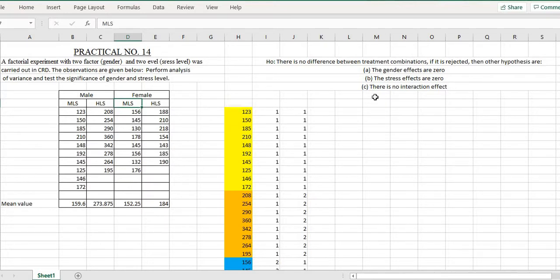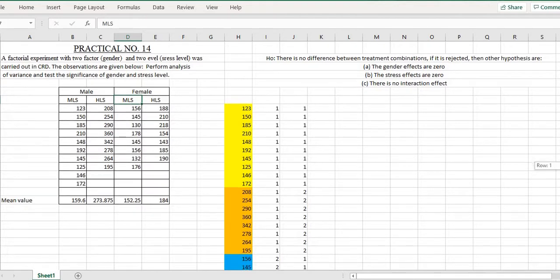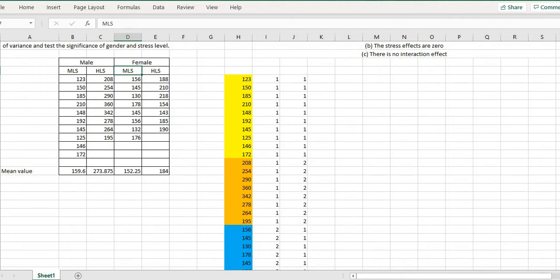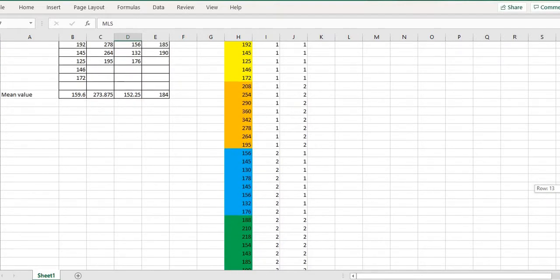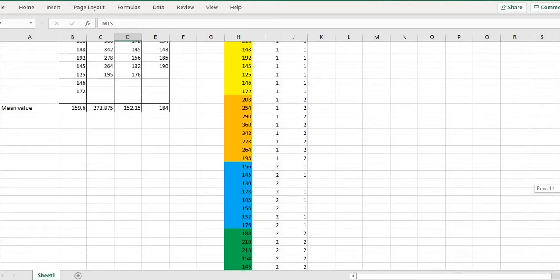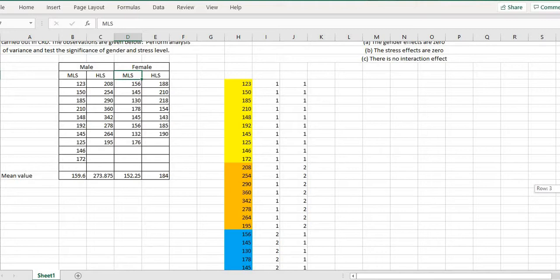The observations in the first color, that is yellow, are mild stress observations, and the second, which starts from 208, 195, is high level stress in male, and the blue color observations are mild level stress in female, and the last one, that is the green observations, are high level stress in females.